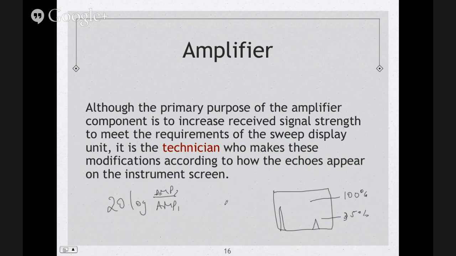Well, let's do this problem. 20 log, amplitude 1, we're starting at 35%, and we're trying to go to 100%.